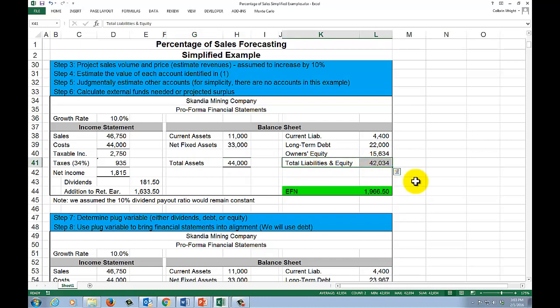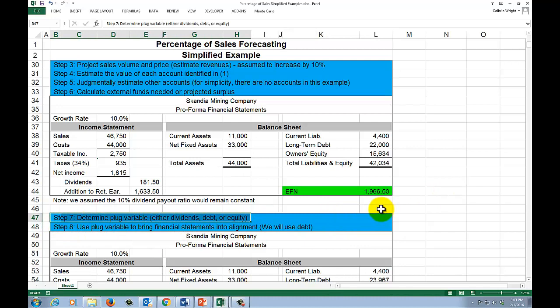We have more assets than we have liabilities and equity. We have more assets than we have funding. Therefore, we have external funds needed. If we want to try to execute this strategy and try to realize these forecasts, we need to come up with funding of $1,966.50.